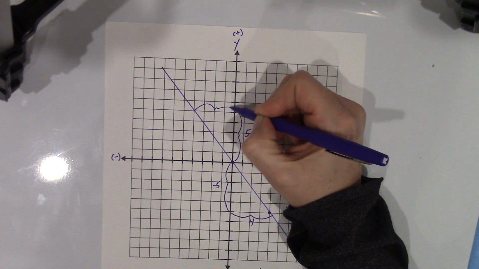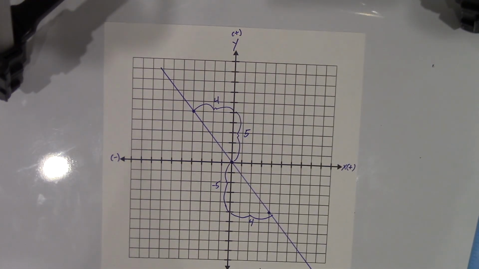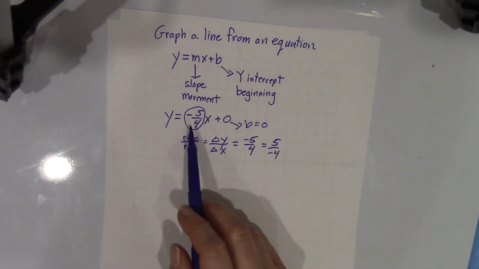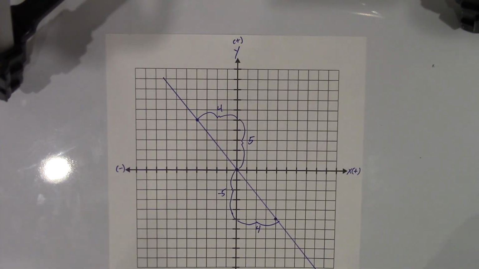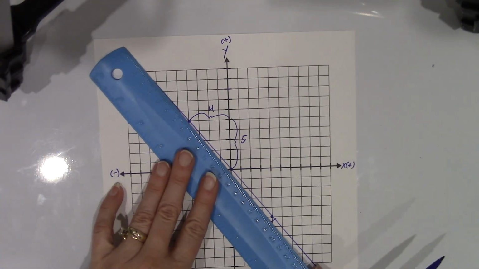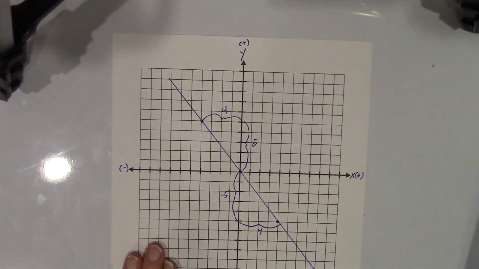Oh look, we end up right on our line. So either way, you can put the negative number with the rise or the run when you graph it. Connect those 2 points, and it's going to give you the exact same line.